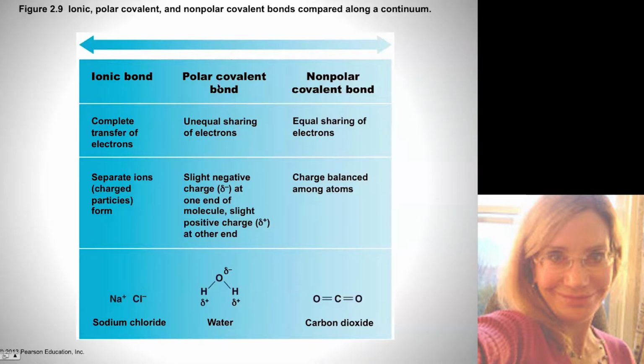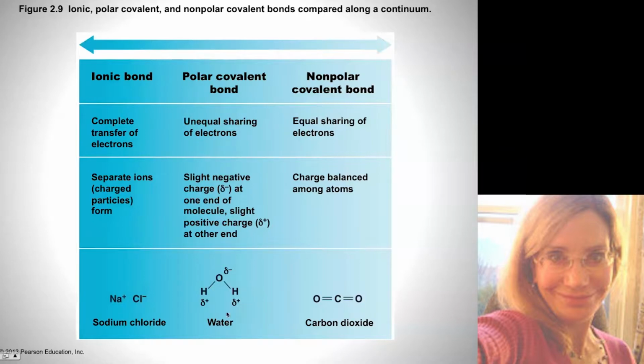But then the last bond that was discussed was the polar covalent bond. This is when you have an unequal sharing of electrons, and it results with a slight negative charge, delta negative, at one end of the molecule, and a slight positive charge, delta positive, at the other end.